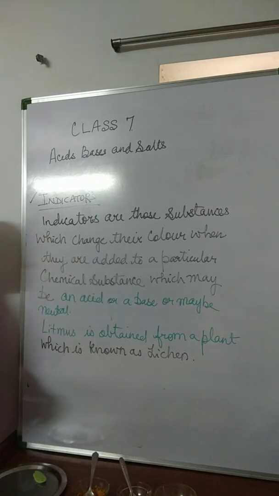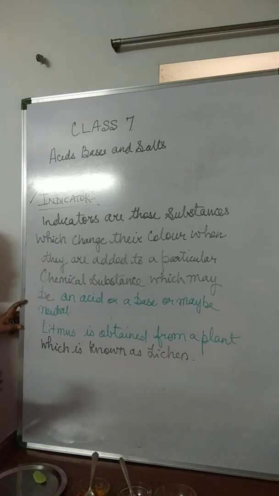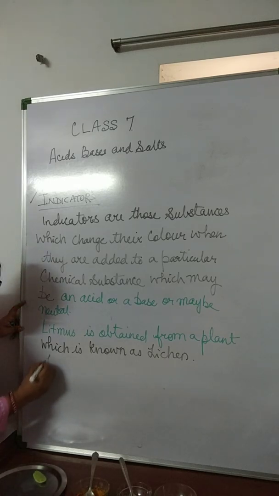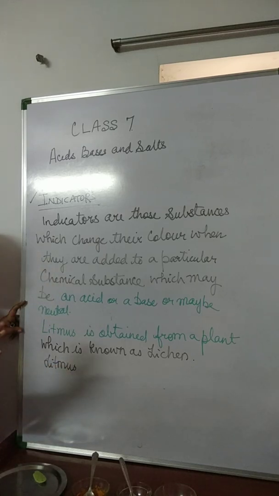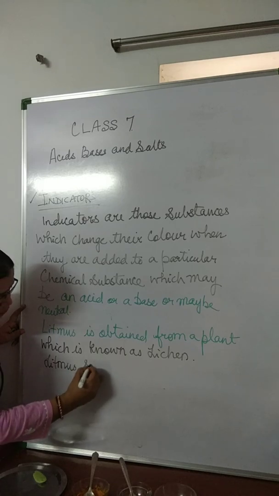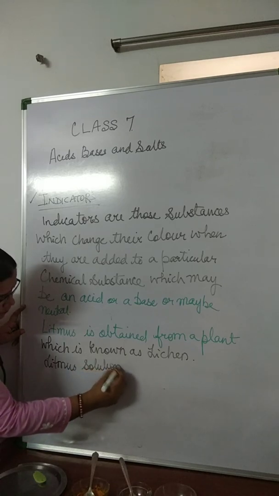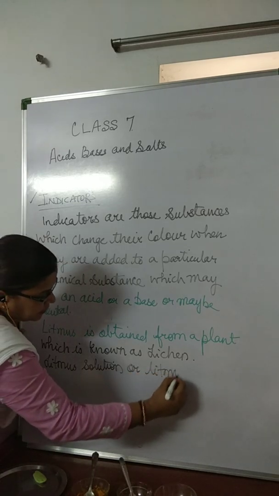The litmus is mauve in color. Mauve means light purple. It is made into litmus solution, and the indicator is used in the form of litmus solution or litmus paper.